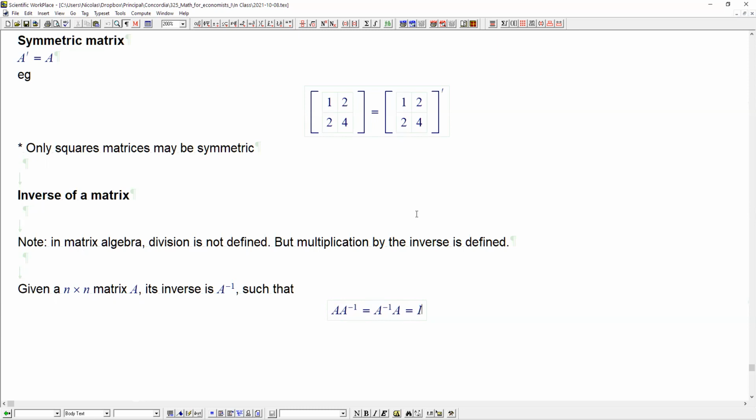I'm going to note it with n here to show that it's an n by n identity matrix. Note: not all matrices, not all square matrices, have an inverse.